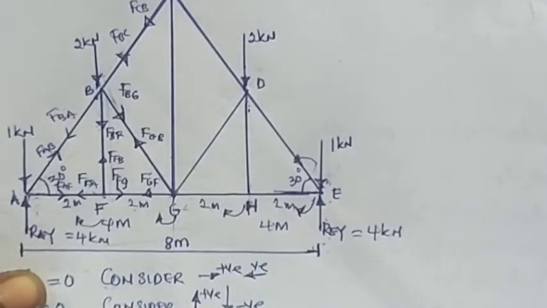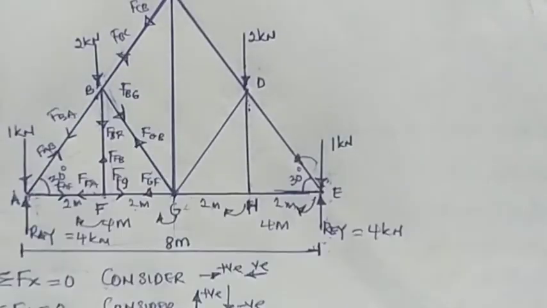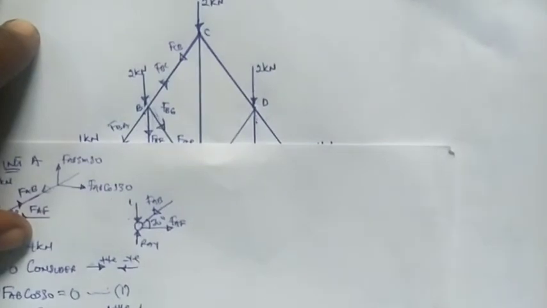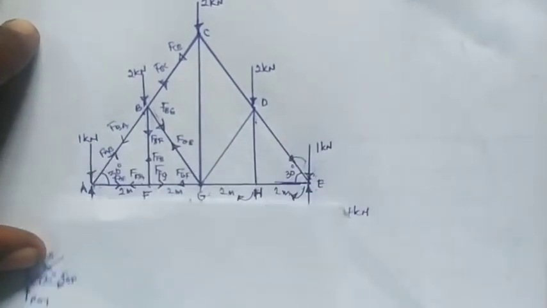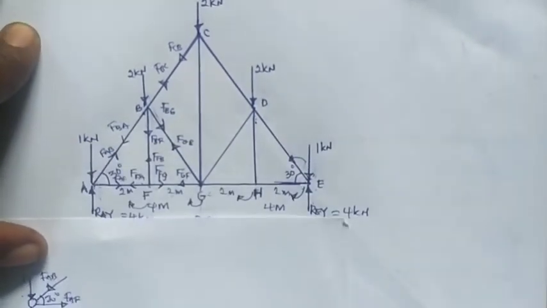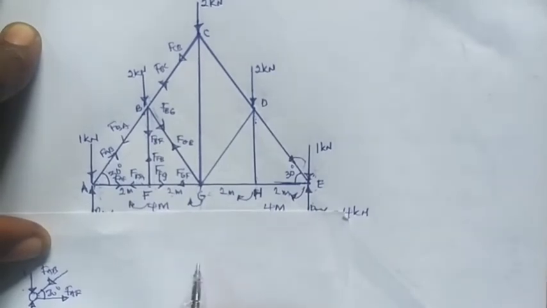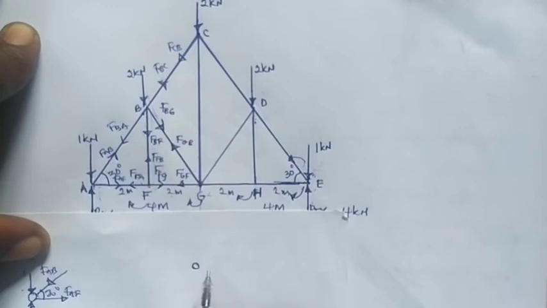So taking joint F, let's take joint F here. For joint F, we have something like this, right?